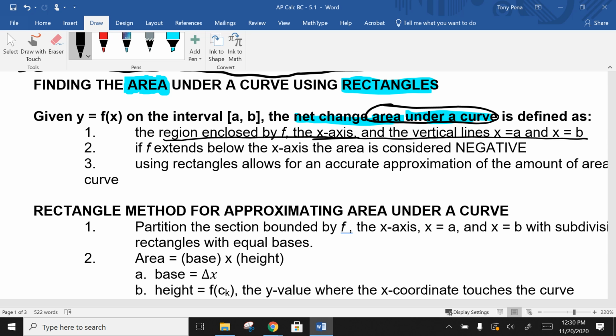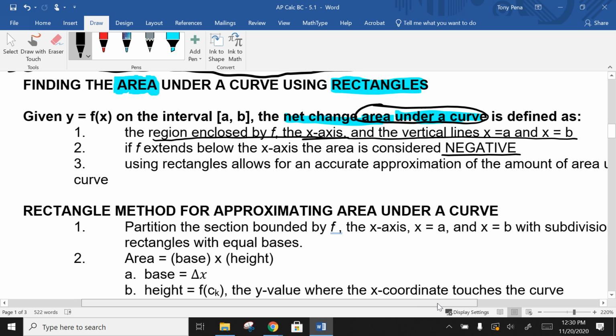So between A and B, it's always between the curve and the x-axis. If your function extends below the x-axis, to indicate that that area lies below the x-axis, it's going to be given a negative value. And then using rectangles allows us a way to approximate the area underneath a curve.